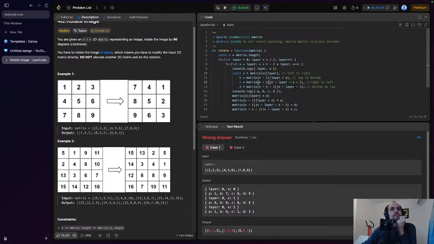So this is right to left at the bottom. If that's the case, then minus X should be here. And we should start at the end.